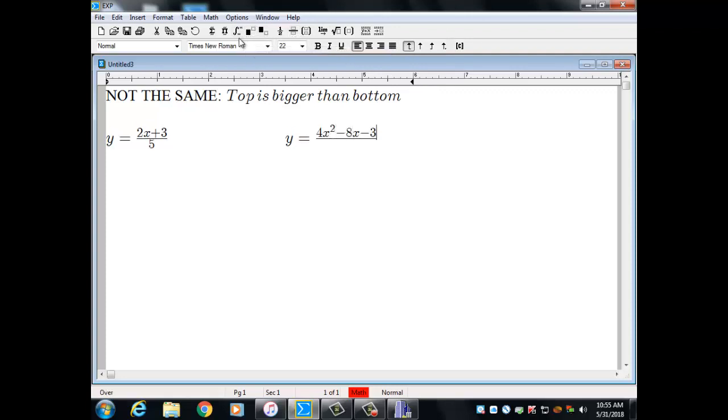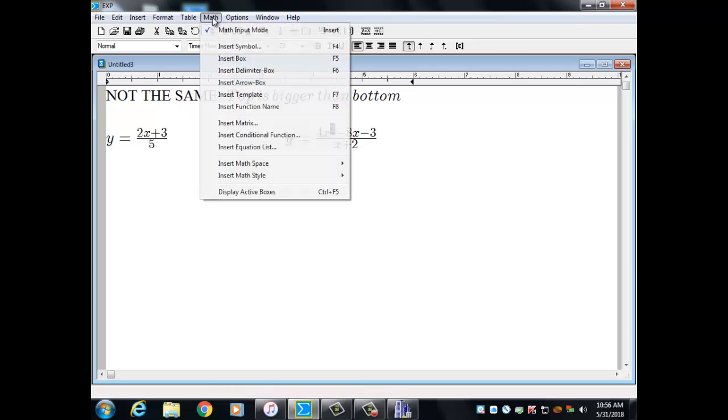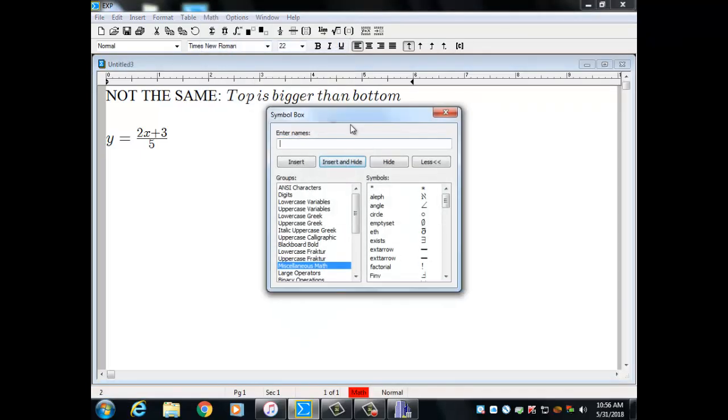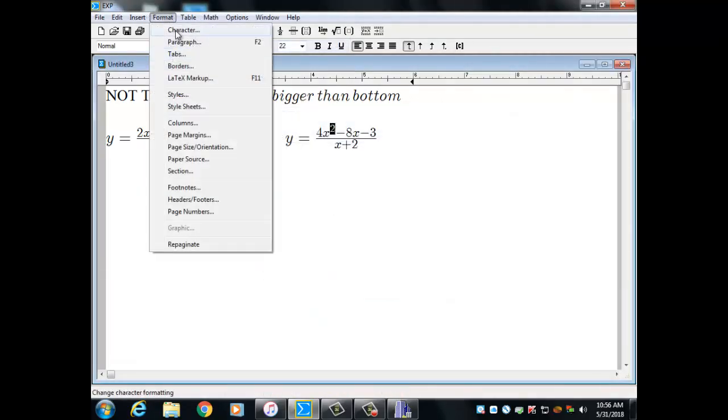When a number's just by itself, that means it has no exponent.